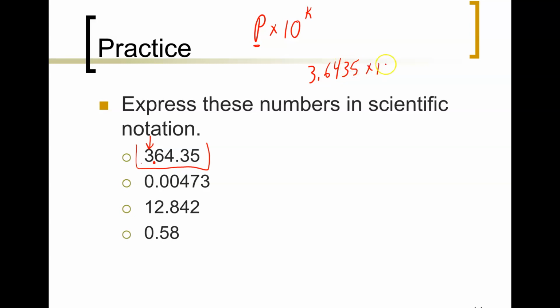Now, what power of 10 should we multiply that by so that it actually expresses this much? And so we take a look and say, well, this has to actually go 2 places to the right. And so that is by multiplying by 100, or 10 to the power 2.